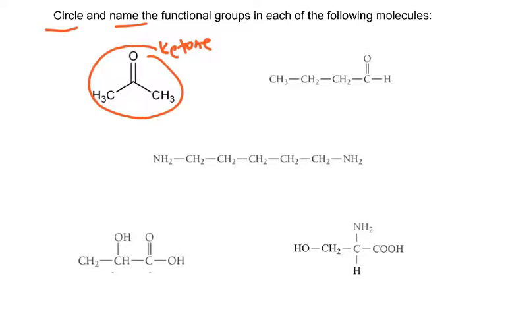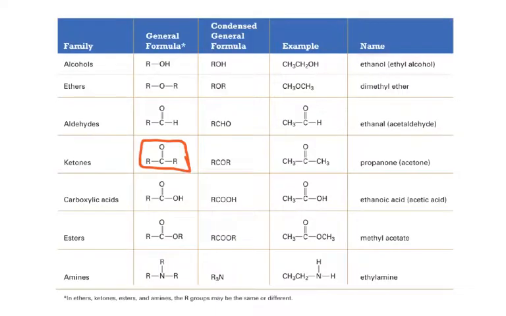And the next one over, we also have a C double bonded to an O that I'm zooming in on. That oxygen is different. All of this here is the rest of the molecule. And so what we have is a functional group that's a C double bonded to an O and single bonded to an R, the rest group, and an H. If I flip back to my table here, that is this representation right here.